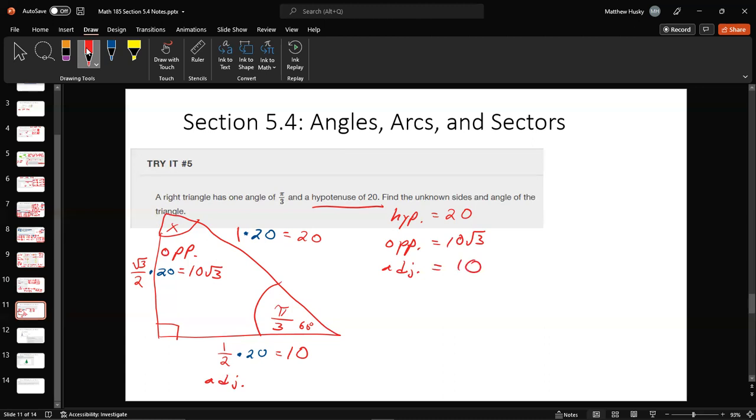And then angle X is going to be pi over 2 minus pi over 3.